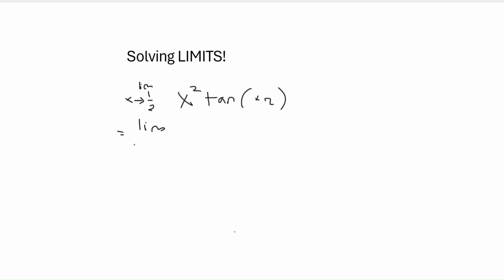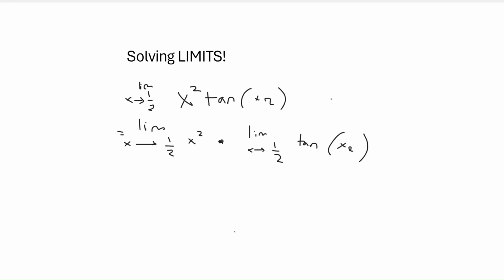So let's break it up first of all. So the limit as x approaches a half of this x squared. Instead, we're just going to be multiplying it instead of adding it. That's the only difference. Multiply by the limit as x approaches 1/2 of the tangent of x pi.